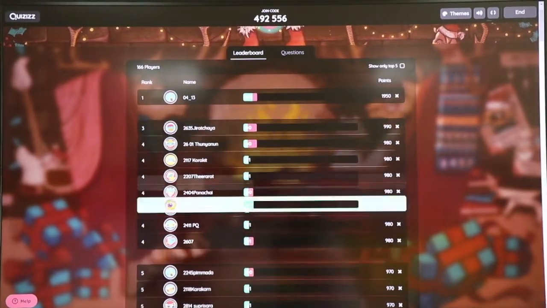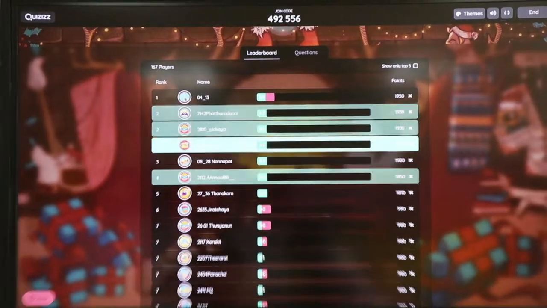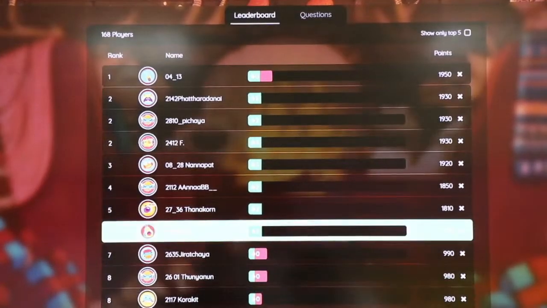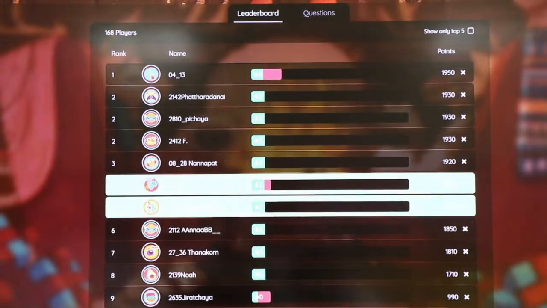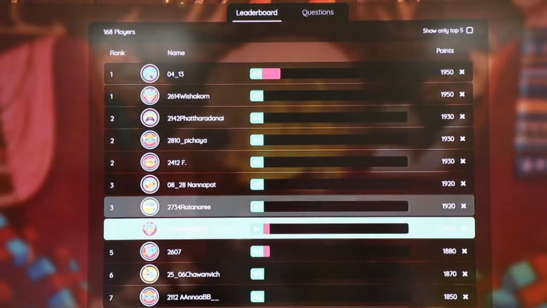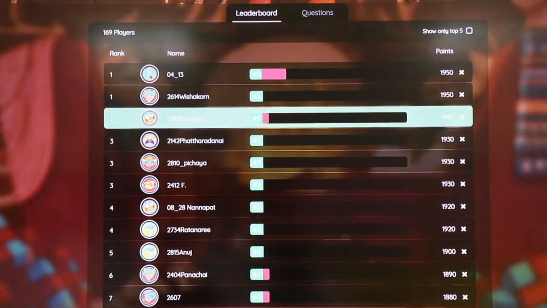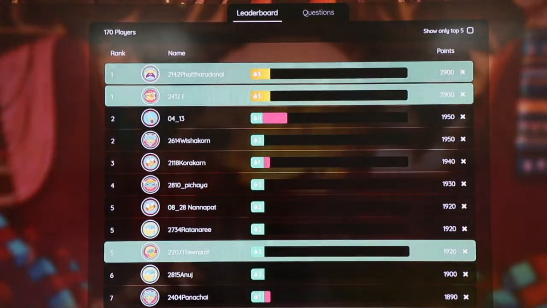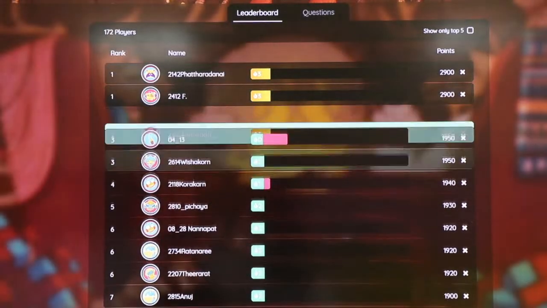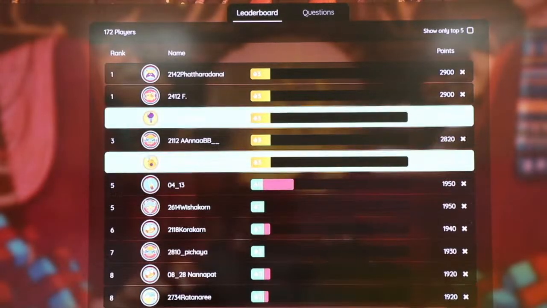The leading score is room 4, number 13. So be careful in answering. Room 4. Oh my God, Pataran Danay has a 3 winning streak now.